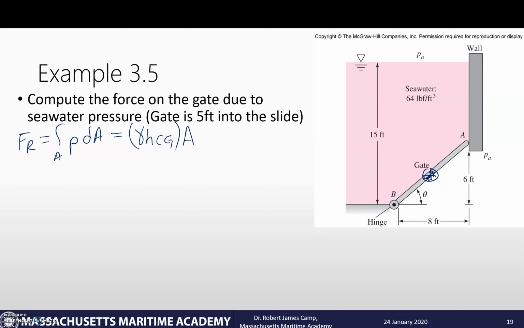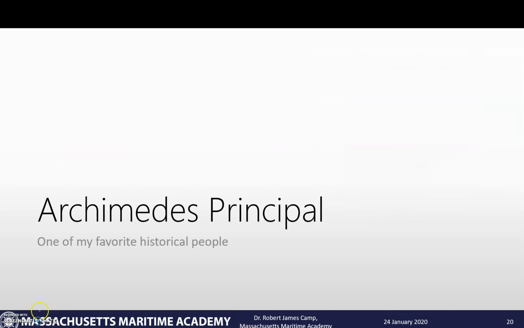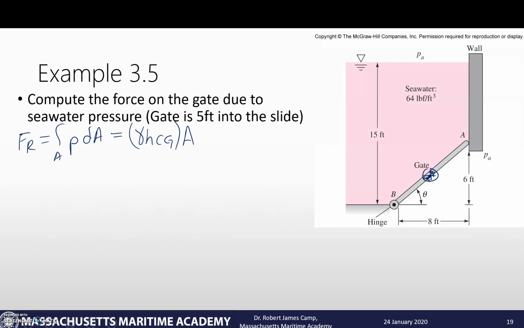Because of the way the angle is tilted, since the gate is tilted, we have to figure out what this height is here. It's a 6 on one side, 8 on the other side. Because it's a 3, 4, 5 triangle, the gate width between A and B is going to be 10.